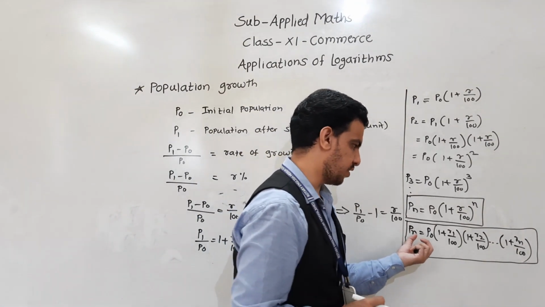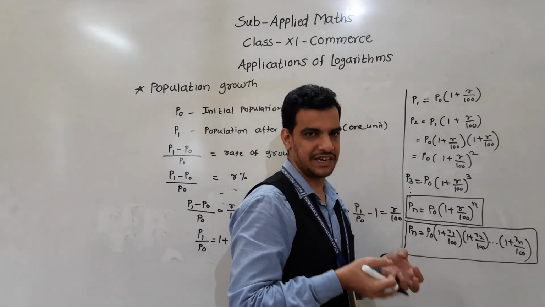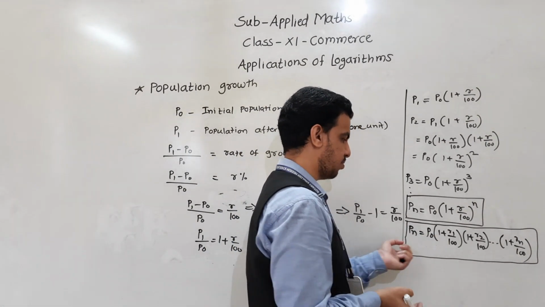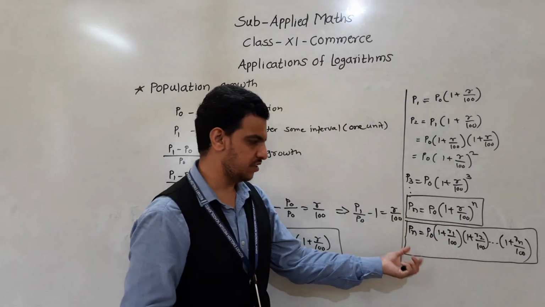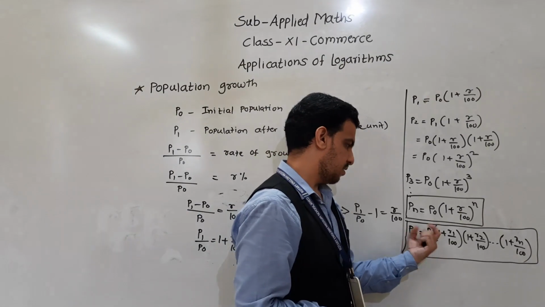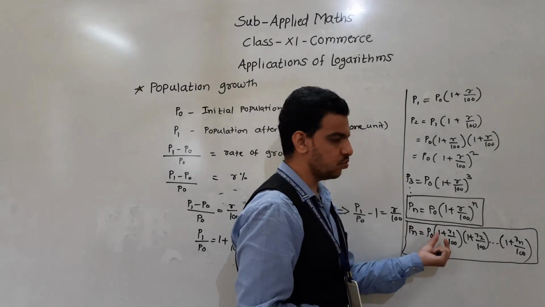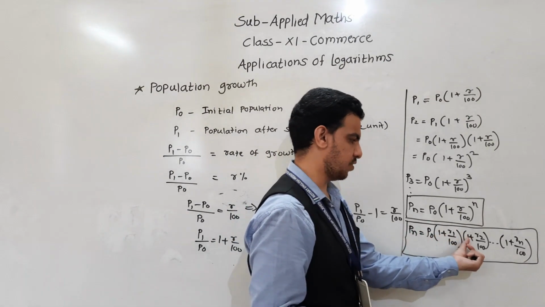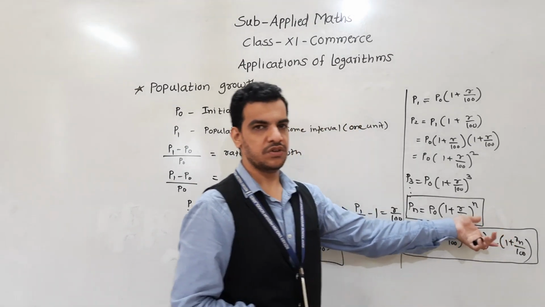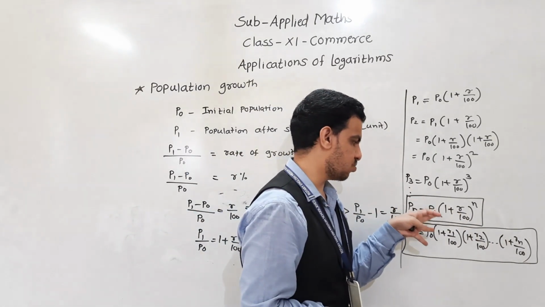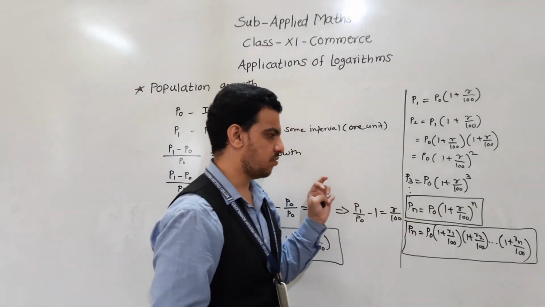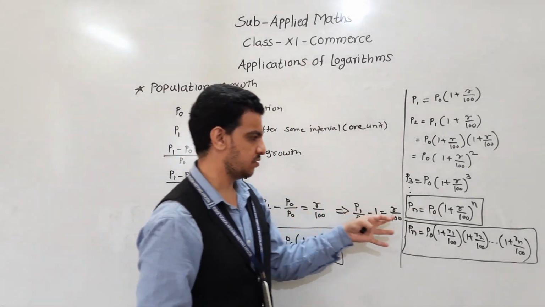This formula we also have, when the rate is different, how to find the amount. So it is the same as compound interest. When the rate is different, Pn is equal to P0 into (1 plus R1 by 100) (1 plus R2 by 100) up to (1 plus Rn by 100). Okay, so now we have to use these two formulas and solve examples based on them.